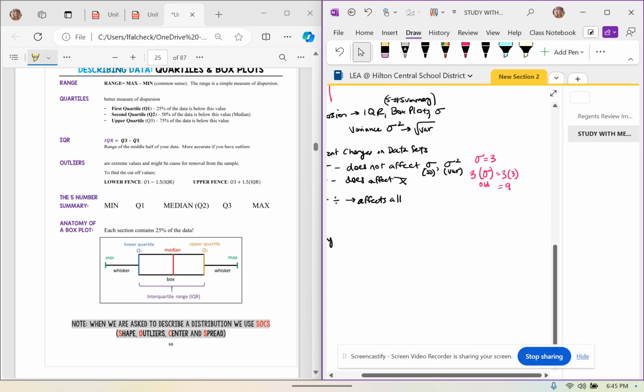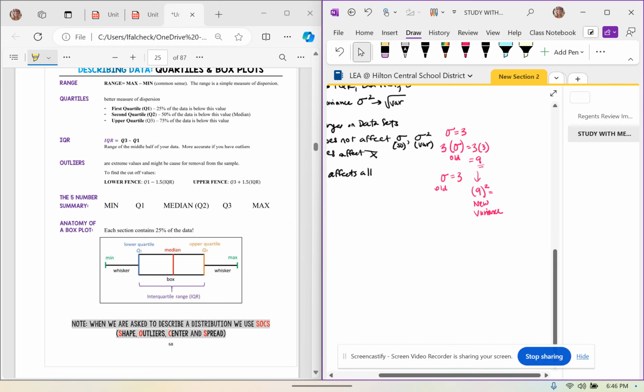And then if I have an old standard deviation of 3, and it wants me to find the new variance after I've multiplied every data point by 3, I would be like, okay, well, first I need to multiply every data point by 3 and get the new standard deviation. And then that standard deviation squared is going to give me the new variance.